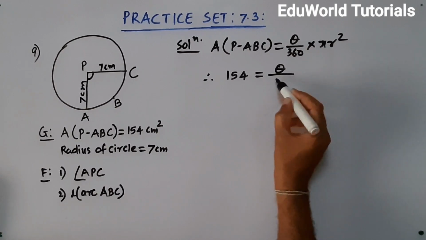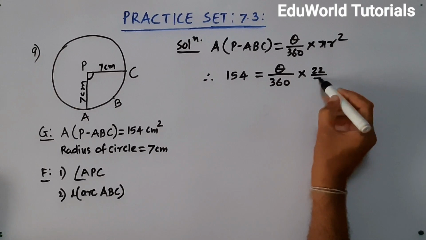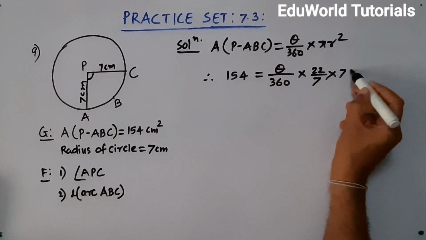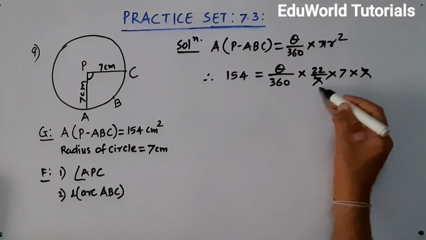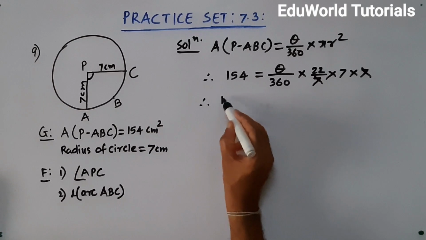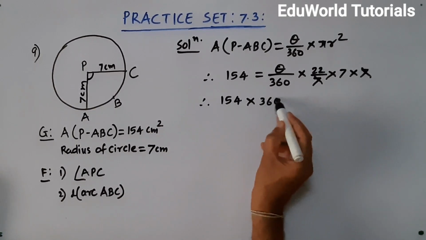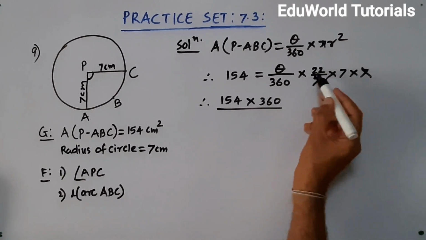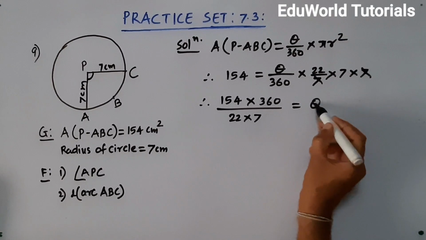Theta we have to find upon 360 into pi value. Pi value is 22 upon 7. Radius is 7 into 7, radius squared it is. So we can cut this 7 with this 7, and all the numbers we will shift to this side. So 154 multiplied by 360 divided by 22 into 7 is equal to theta.